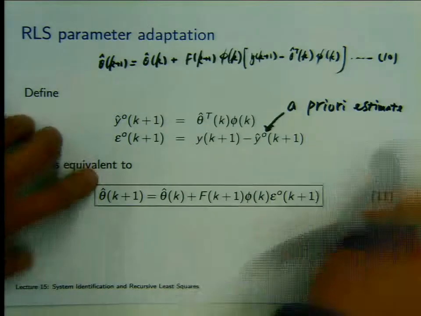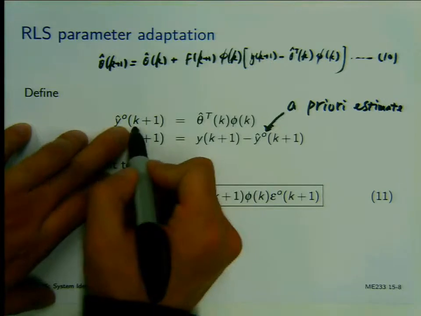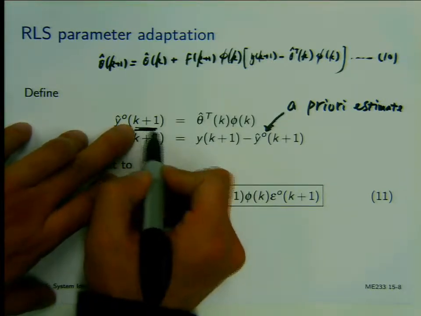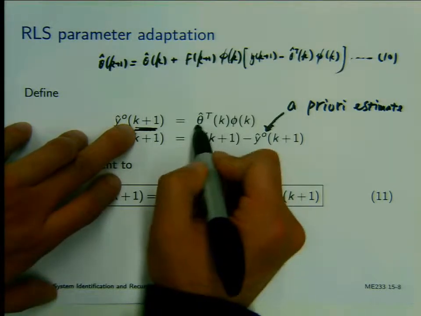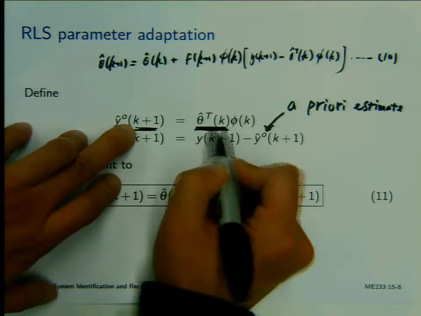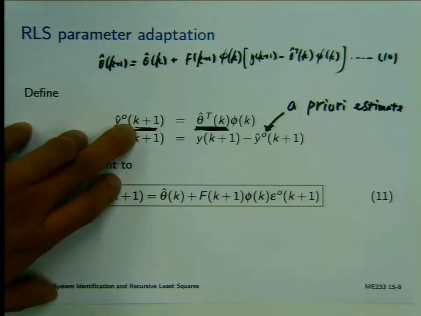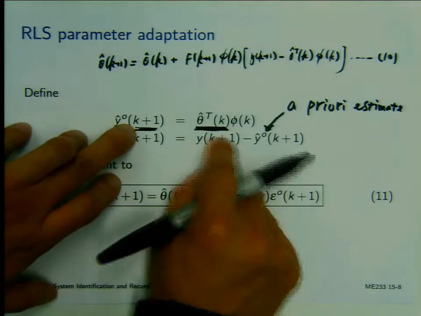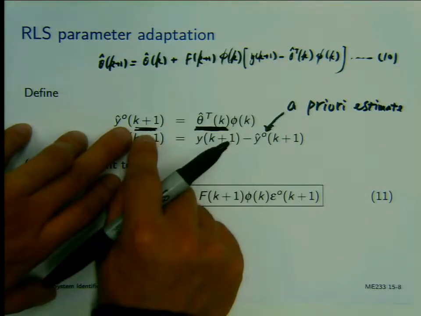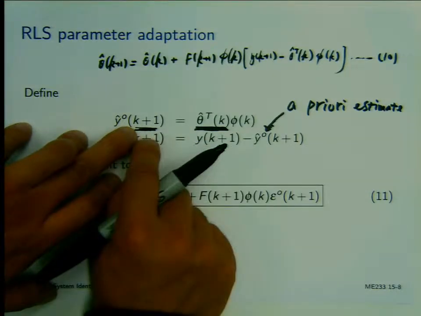The name comes from this: a priori means that when we estimate y_{k+1}, we are using our plant parameter estimate, the information at k. So we are using the result from the last step to predict the current step. This is why it's called a priori estimation.